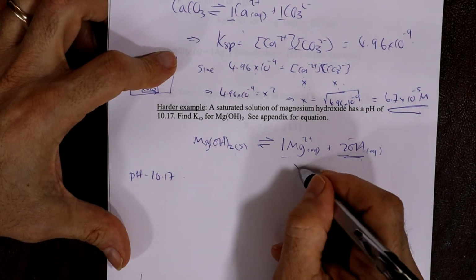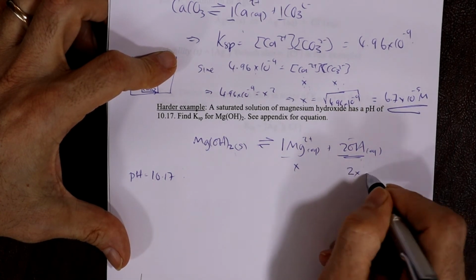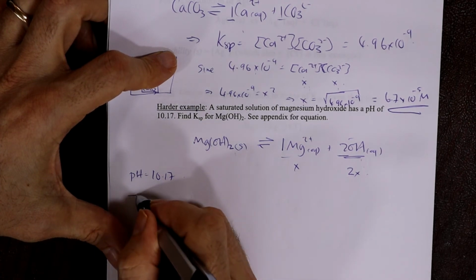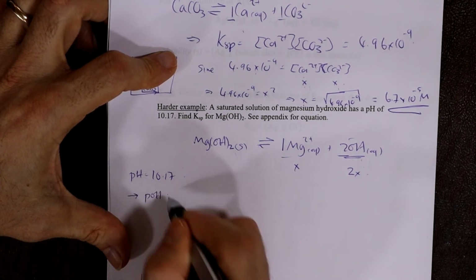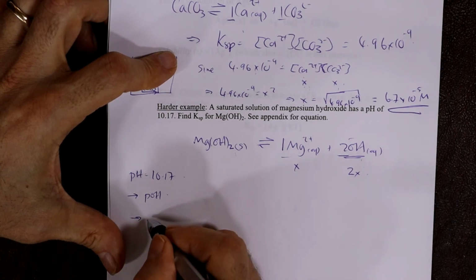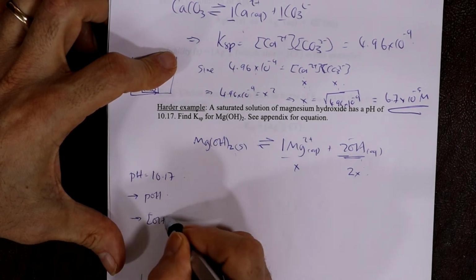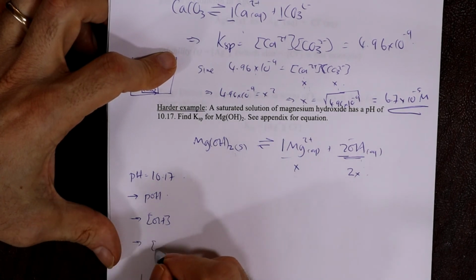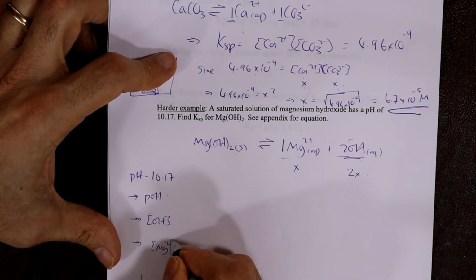So if that's X, that's 2X. Now if you've got pH, we can go to pOH. If we've got pOH, you can find the OH minus ion concentration. And because that divided by 2 is the magnesium, we can find the magnesium ion concentration.